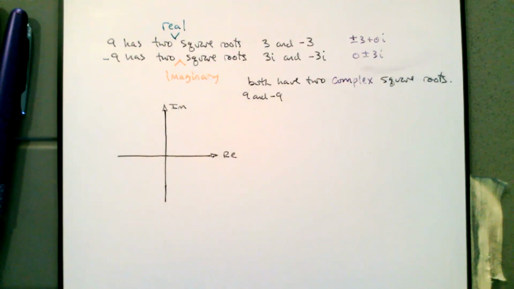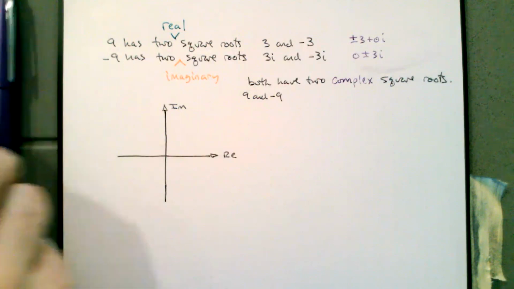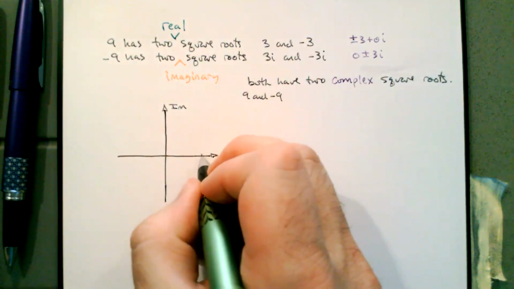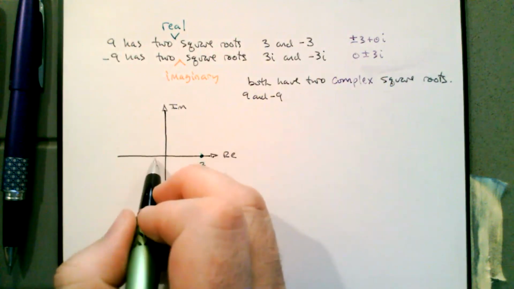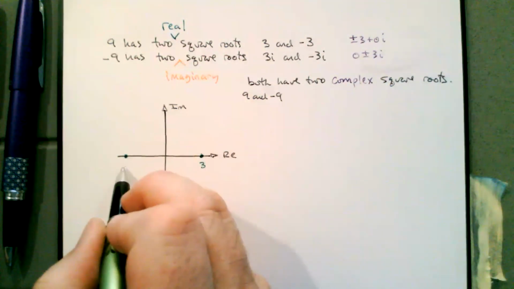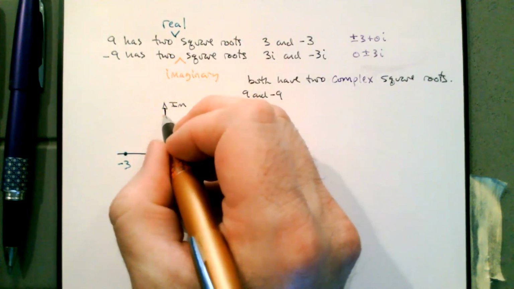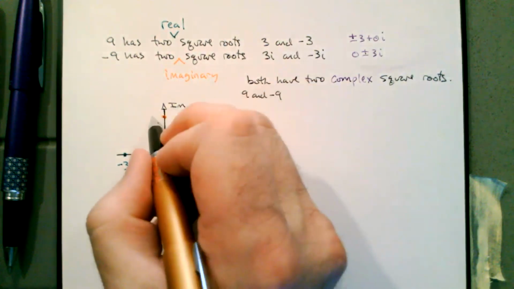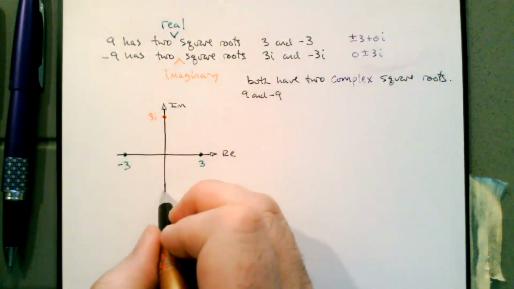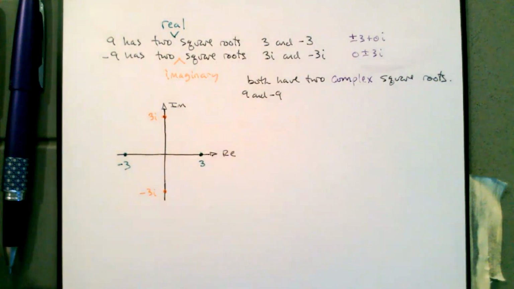If we look at these numbers, 3 and -3, as the square roots of 9, I've got a real 3 up here. Okay, that's a weird scale to use. So there are our square roots of 9. Our roots of -9 are imaginary, at 3i and -3i.